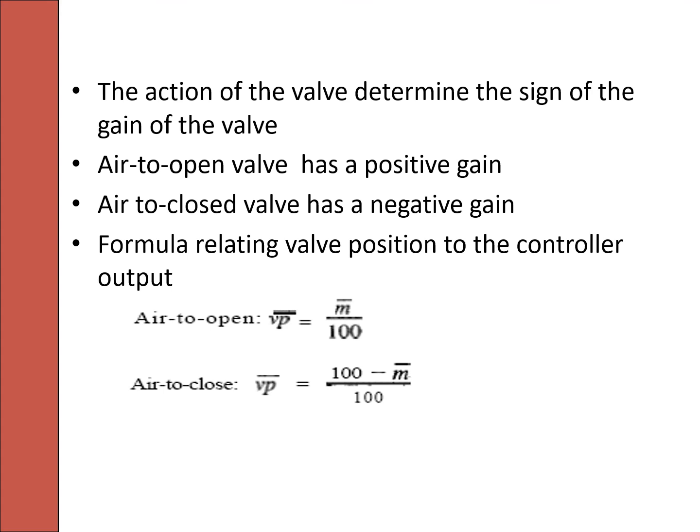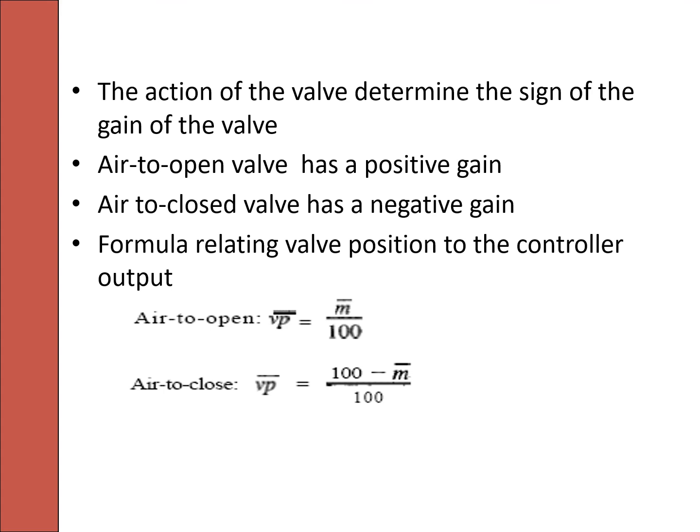Okay. Now I will explain how the action of the valve determines the sign of the gain of the valve. Basically, the air to open valve, which is ATO, has a positive gain, while the air to close valve has a negative gain. We can use this formula to calculate the valve position from the controller output.